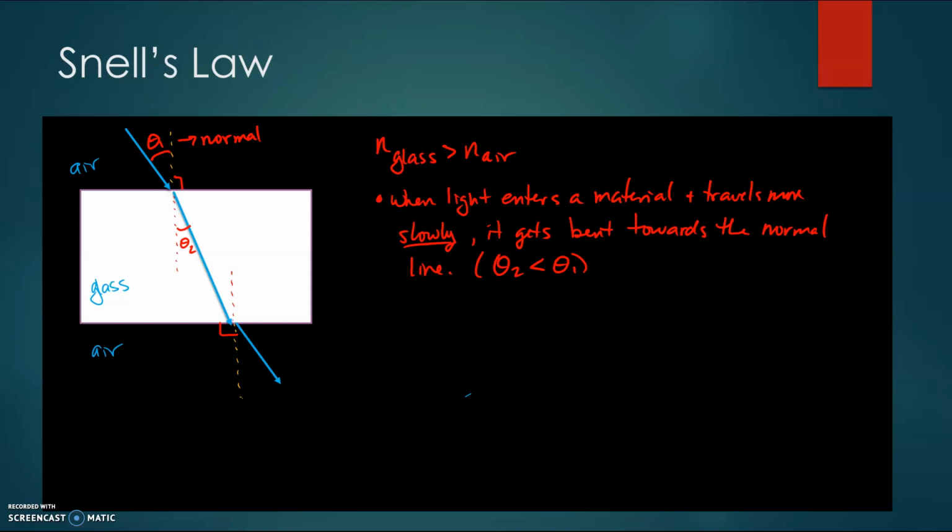Just by noticing how the light gets bent through any material, you know if the speed of light is sped up or slowed down going through the material, and vice versa. We see this here. So here we would have, say, theta 1 as the first angle. Then it goes from glass to air, and then theta 2, and it gets bent away from the normal. So when light speeds up, it gets bent away from the normal.